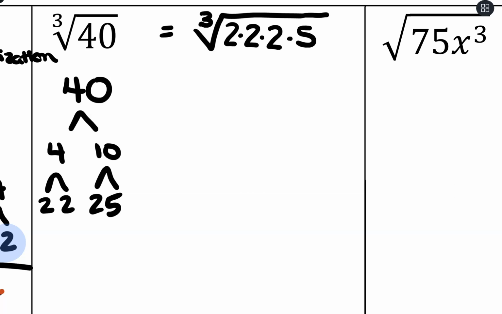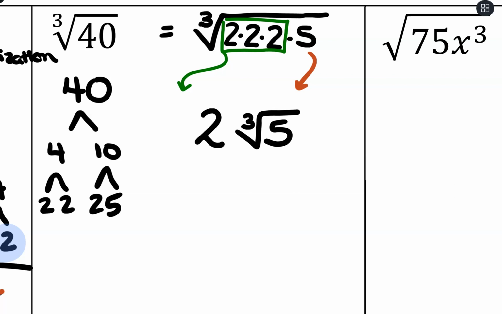Now because this is a cube root, I'm looking for groupings of 3. So with that, the 2 is going to come outside, and the 5 is going to be stuck underneath. So because I could make a grouping of 2's, 2 out front, cube root of 5 with the 5 still stuck underneath. One way to do it.